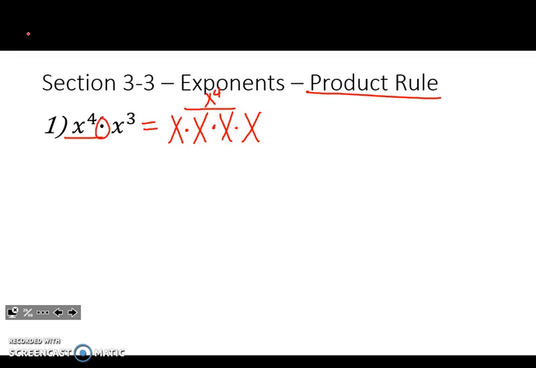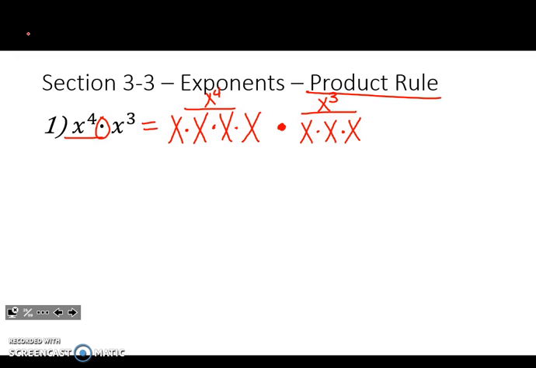Then that is going to get multiplied times x to the third. So x to the third is x times x times x. So as you can see, this really becomes one big multiplication problem. X times x times x times x times x times x times x.